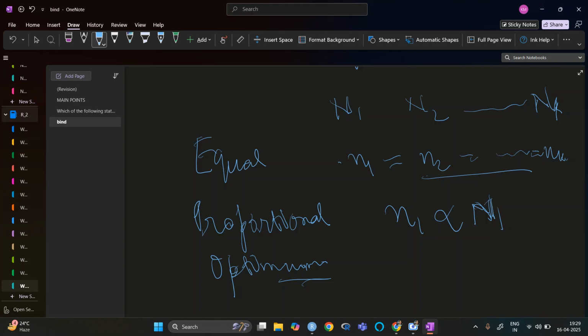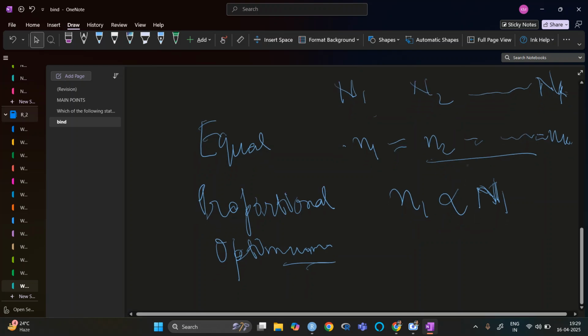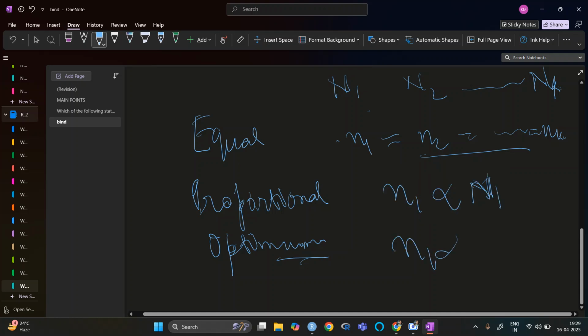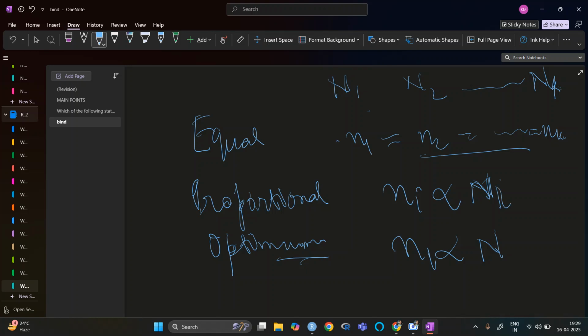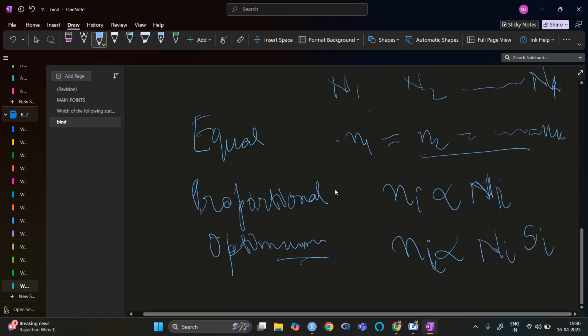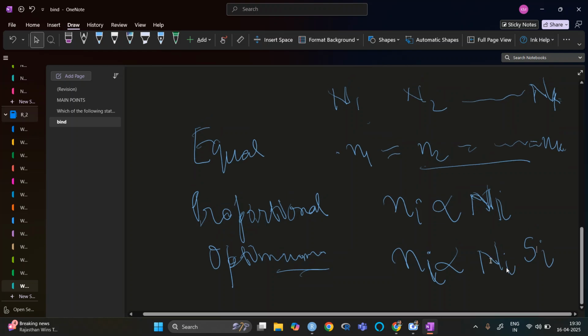If I have a population divided into 50%, 30%, 20%, then my samples will be 50% from N1, 30% from N2, and 20% from N3. Optimum allocation depends on Ni and also Si, where Si is the variance, since we want to reduce variability. So it depends on the size of the population and the variability in that population.